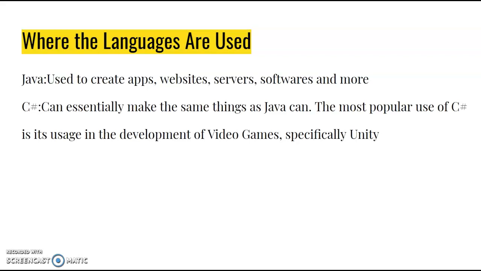Where are the languages used? Java is basically used to create apps, websites, servers, software, and other stuff. It's pretty much almost everything actually. C Sharp, same thing. There's always unlimited stuff you could do with coding, but specifically C Sharp is most famous for its usage in gaming.